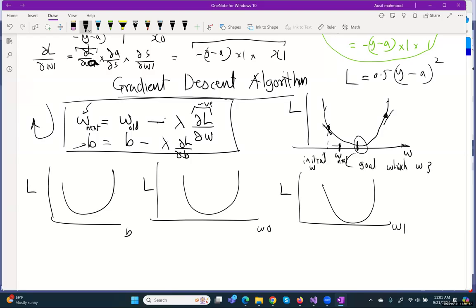Because we are randomly initializing the weights, if you start with a value too high, it will decrease it, because over here the slope is positive. If this value is positive, then we are subtracting something from the original, which means we are moving the weight in this direction. And vice versa, if we start over here, we move it in this direction.